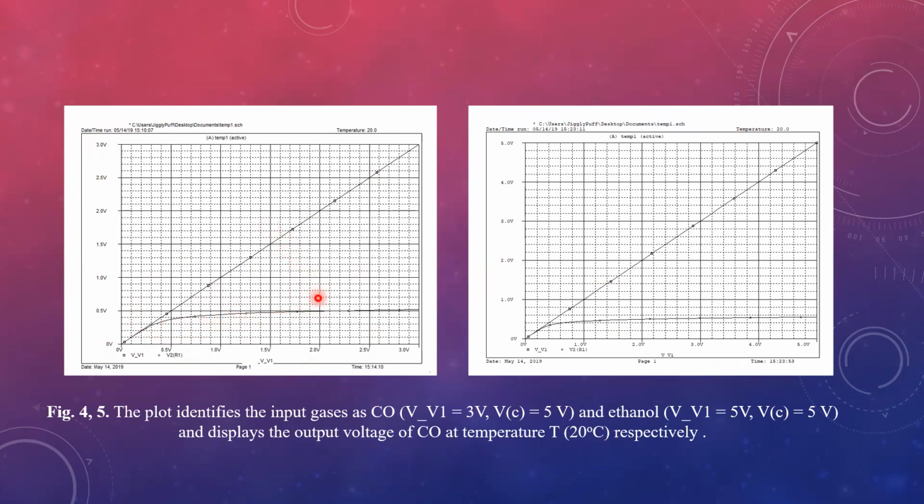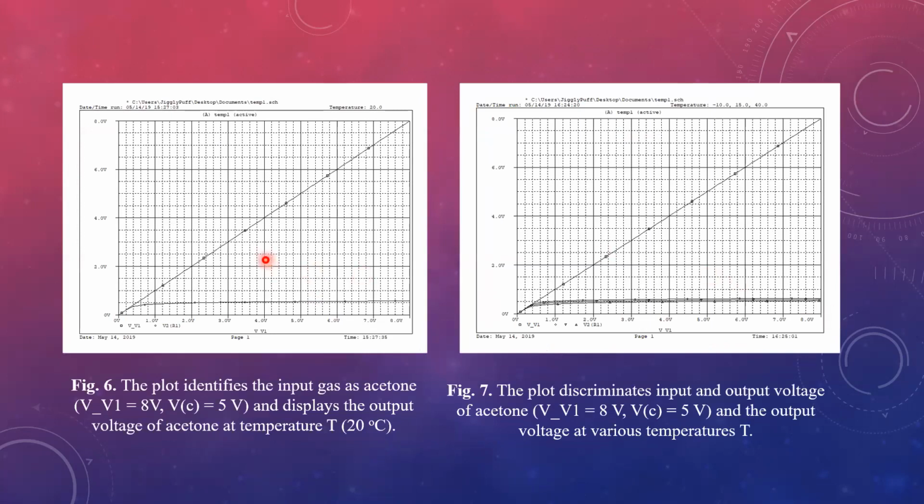So you can see that this sensor is affected by temperature conditions or environmental effects. Whatever the relative humidity and those parameters, it does show a variation. Similarly, you can see it for ethanol. Next is acetone, the last gas. If 8 volts is available, then the gas will be detected as such.